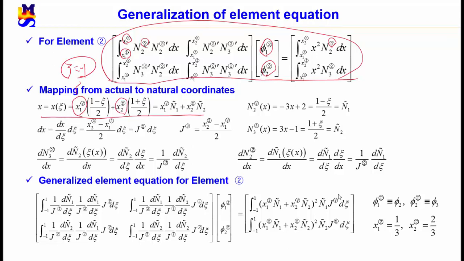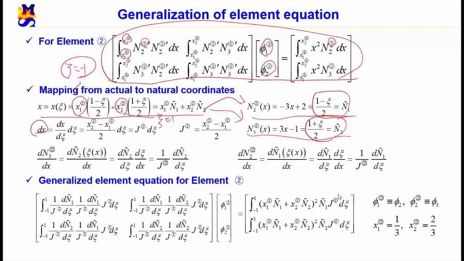Similarly, the right nodal point is mapped to psi equals 1. Plugging this mapping function into these interpolation functions defined over element 2, we obtain (1 minus psi) over 2 and (1 plus psi) over 2 respectively. We can thus conclude that these two functions of psi are interpolation functions in the natural coordinate system.